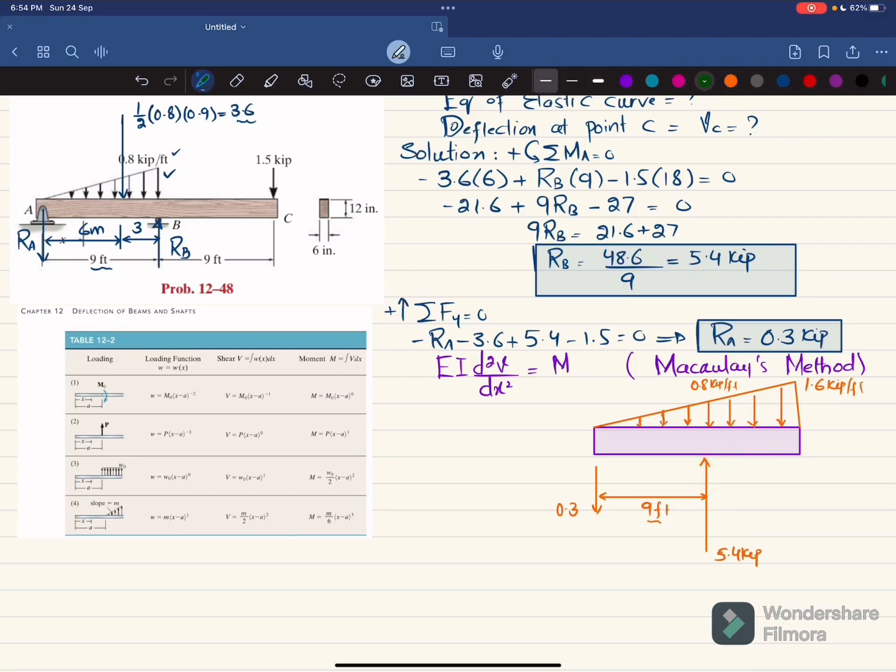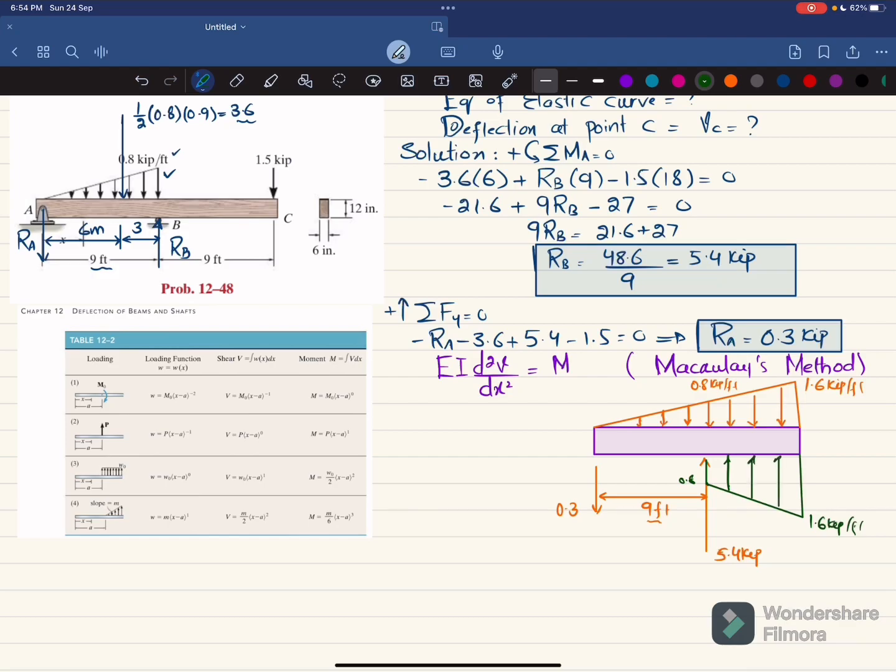So we will choose another color. This is 0.8 kips per feet, so from here and then till the last here the load is 1.6 kips per feet, and this should be in upward direction.